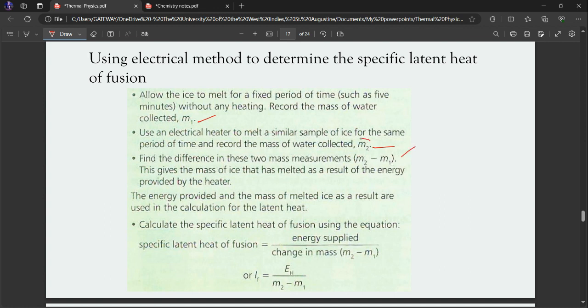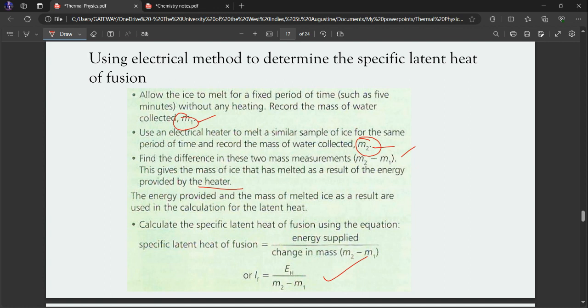Because you would expect more mass to be melted, well, yeah, more mass to melt because you're applying heat. So M2 will usually be bigger than M1, right? This gives the mass of the ice that has melted as a result of the energy provided by the heater. The energy provided and the mass of ice are used in the calculation below.